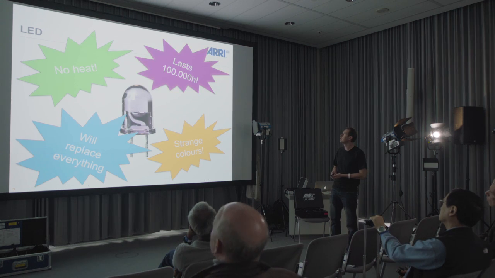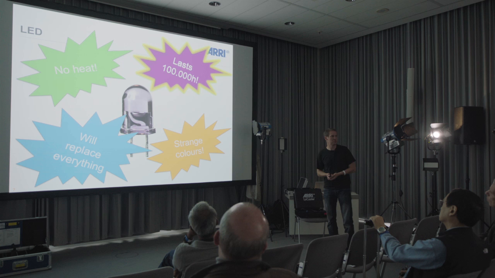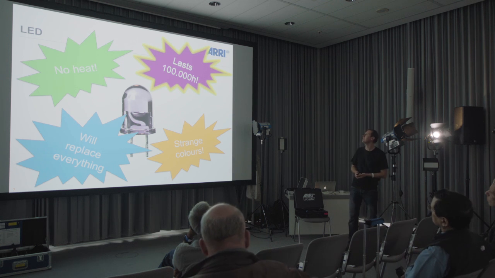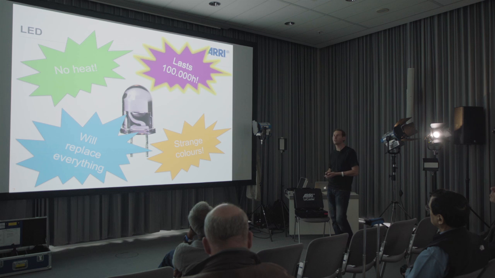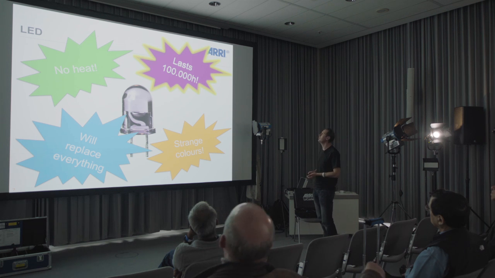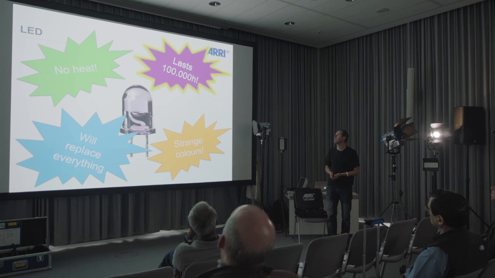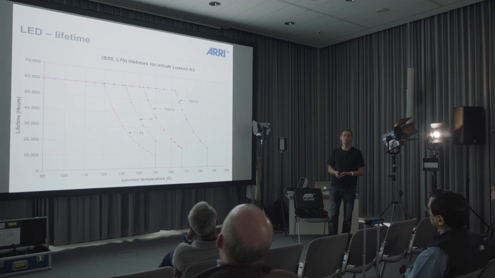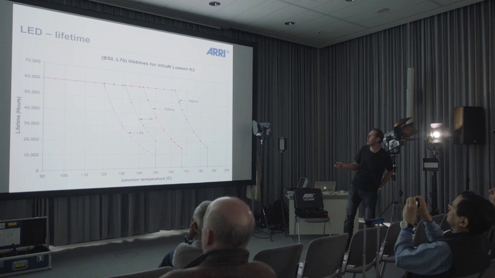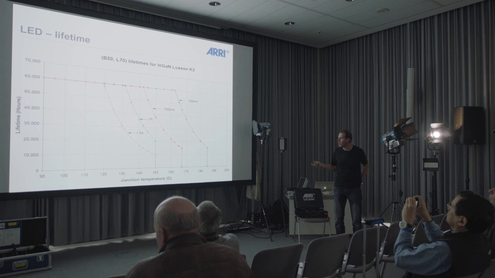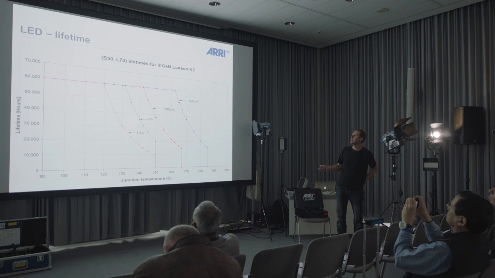Next point, which refers to the heat management, is LED lifetime. LEDs have a very, very long lifetime, a long-lasting technology, but once again, this is only true if you care for the heat management. There's a little bit more complicated chart. It's also from Philips. What do we see here? Lifetime.